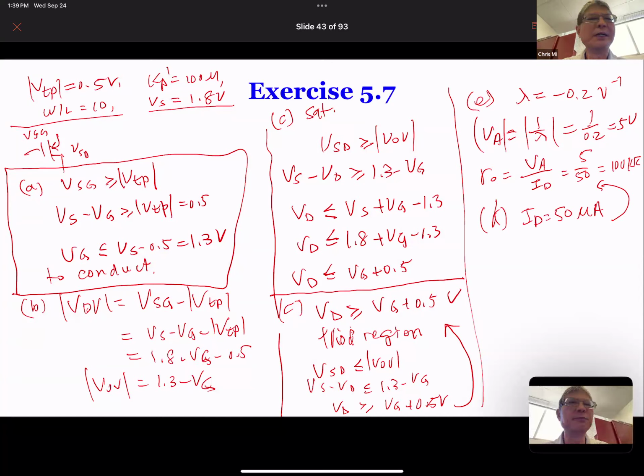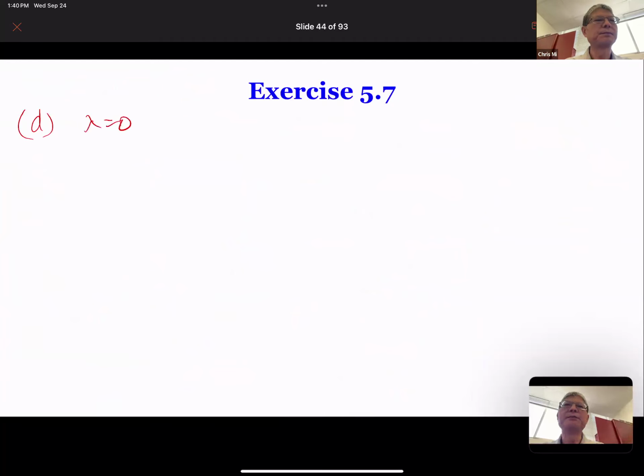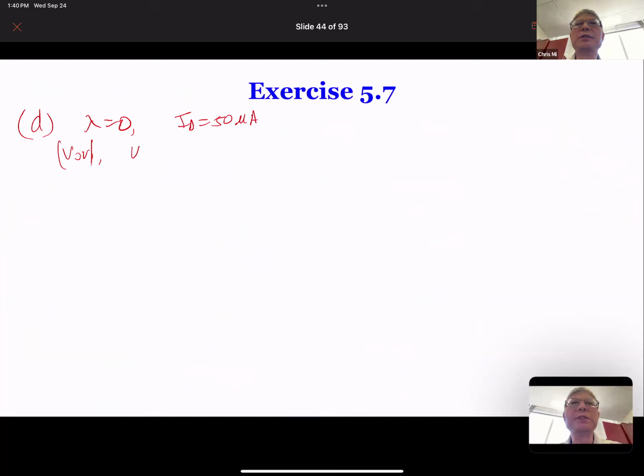D asks you to assume lambda is 0. We want to find VOV and VG and the corresponding VD. Okay, let me see what I have on the slide. So D says that lambda is 0 and ID is 50 microamps, and we want to find VOV, VG, and VD.